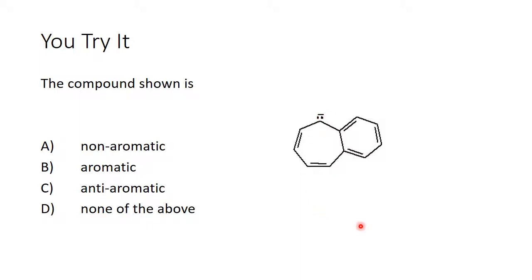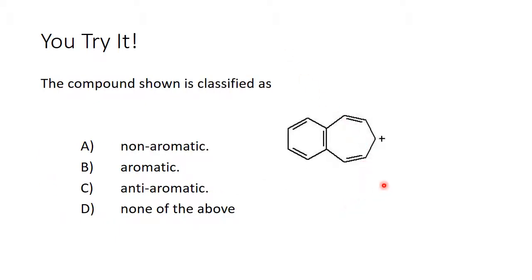So if I continue to count, that would be 11, 12. 12 electrons is 4 times 3, so this is of the 4n number sequence. That means this is anti-aromatic.